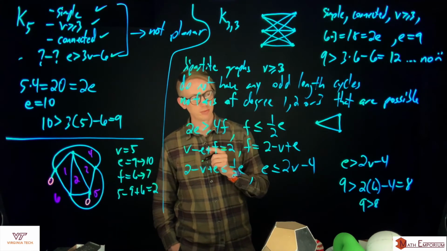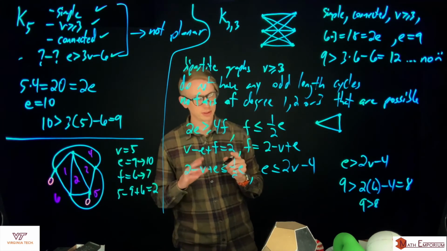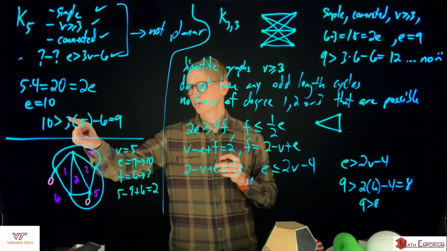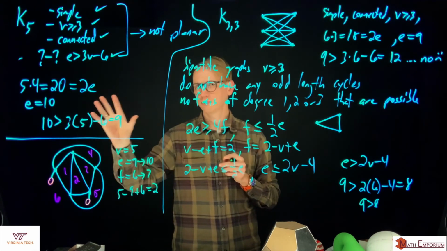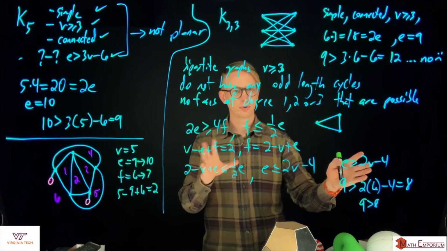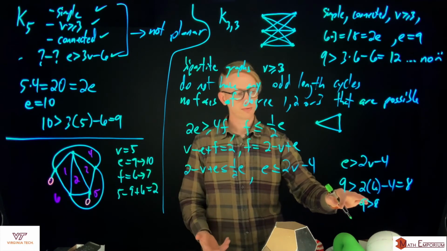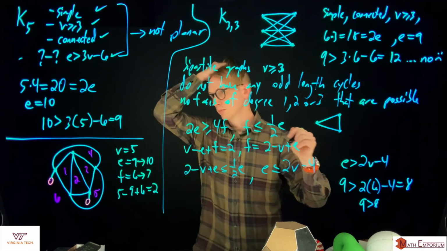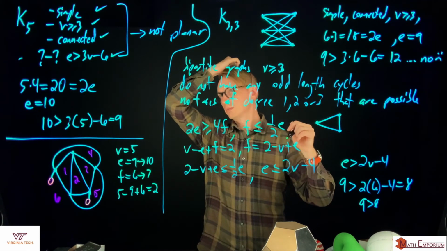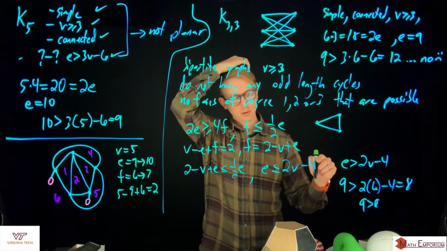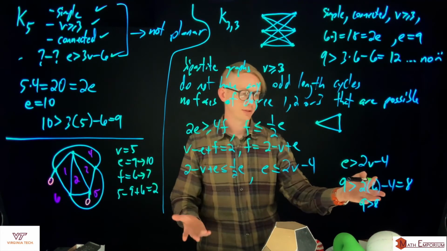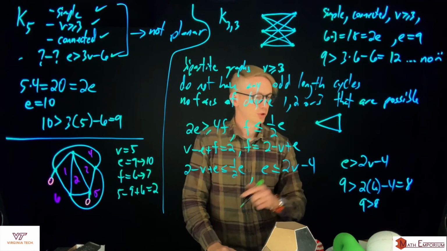And there is something that you might start to notice, the start of a pattern. 10 is greater than 9 is like the first violation of this one, and 9 is greater than 8 is like the first violation of this, right? Otherwise it wouldn't work, right? 8 is not greater than 8.